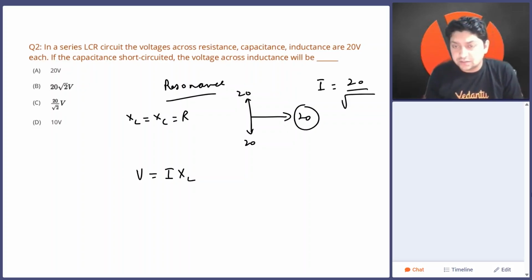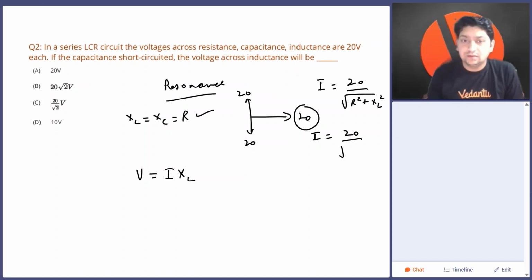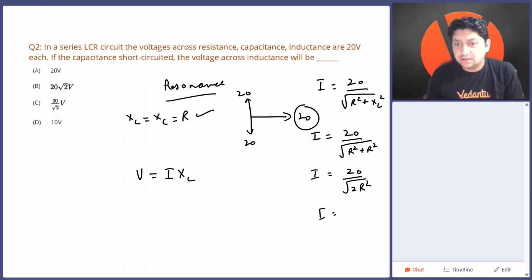So the capacitor is short circuited, so the impedance will be root of R square plus XL square. So the current will be given as 20 by, now XL we know is equal to R, so I can replace XL with R, and the current will become 20 by root of 2R square, which is 20 by root 2 R, right?